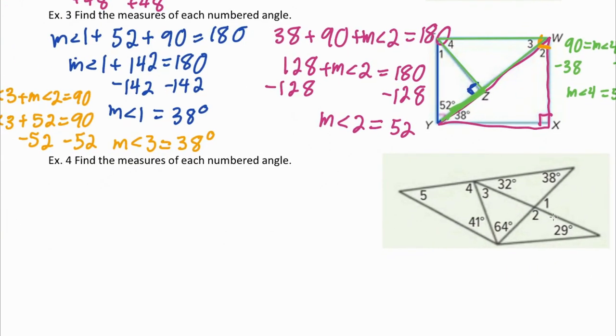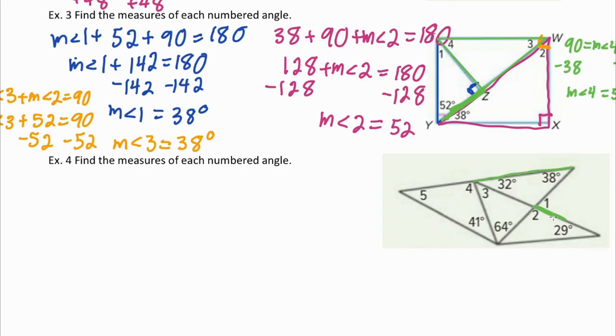Alrighty, last one. We got a lot going on here. So we have a lot of triangles happening, and so we're going to do our best. So I'm going to actually try to go in order. So if I want to find this angle 1, we see that that's an exterior angle. So if I try to use the bottom triangle, I don't know the measure of angle 2, so I can't do much with that there.